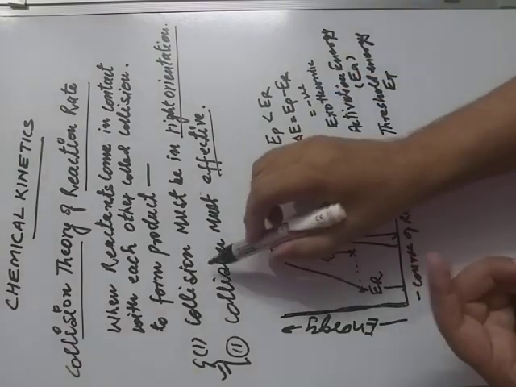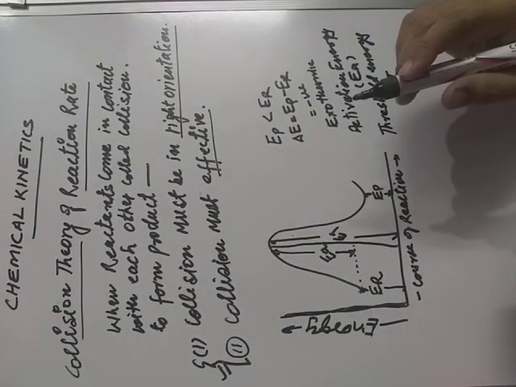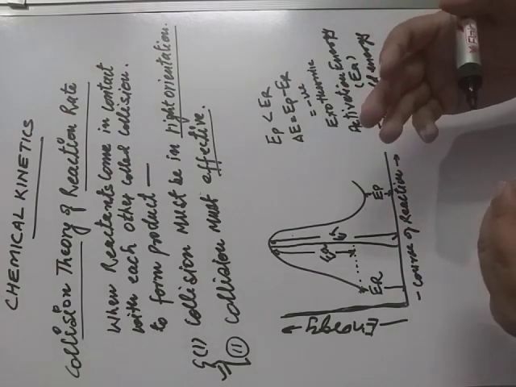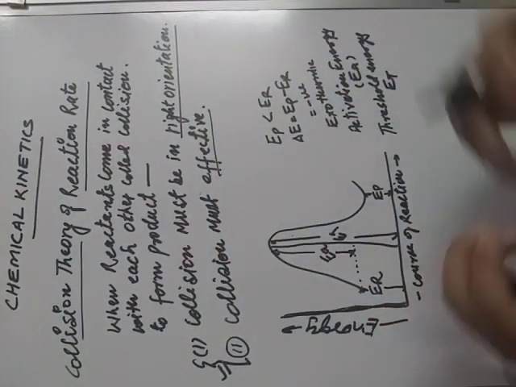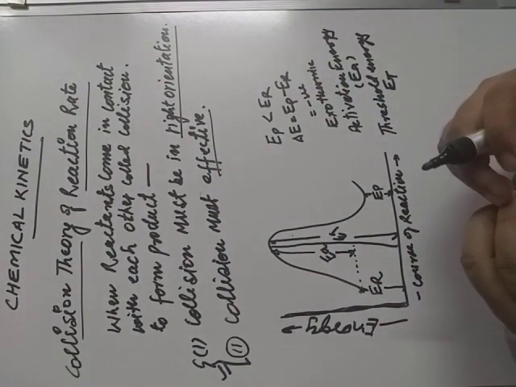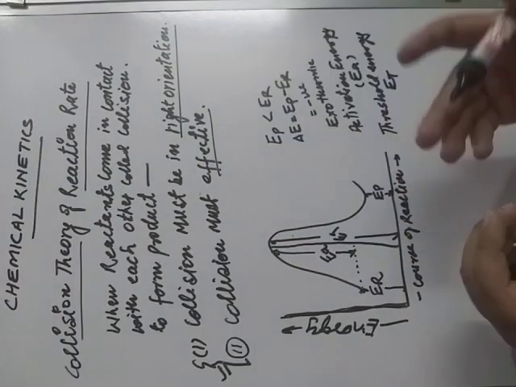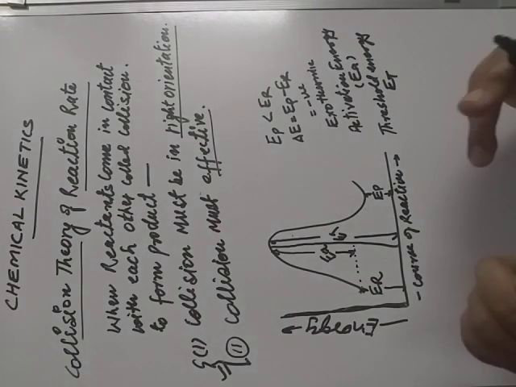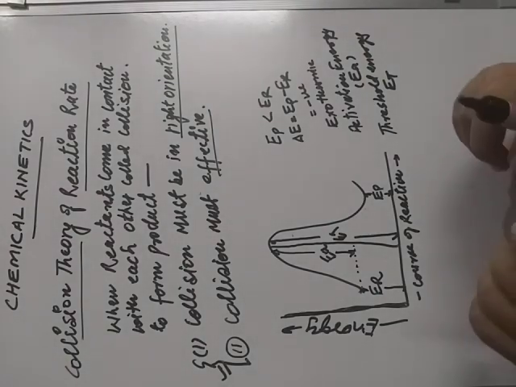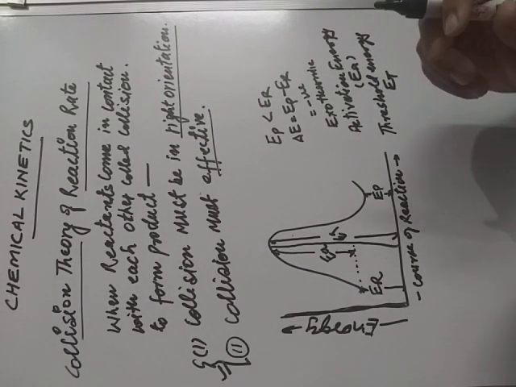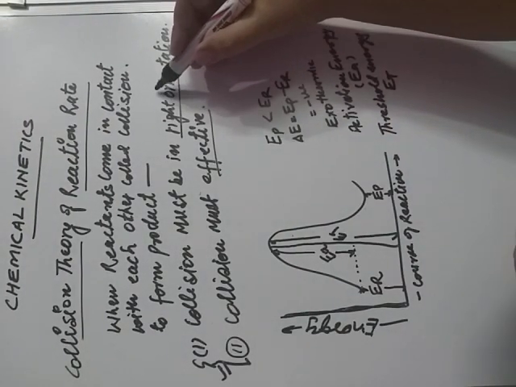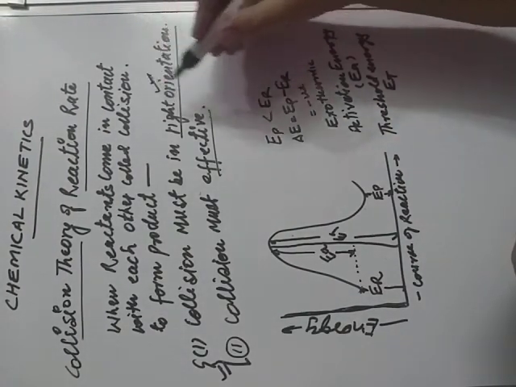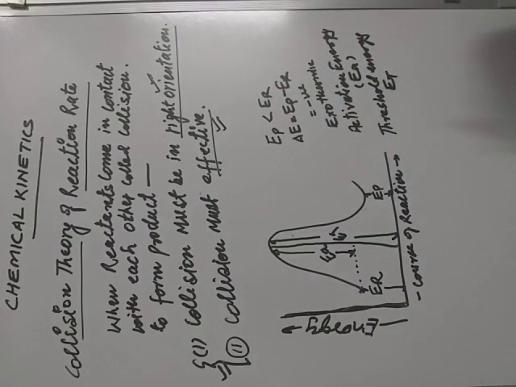It doesn't matter if they are colliding in the right orientation. And the opposite of that, if they are colliding in the wrong orientation, but they are achieving that much energy, that will also not give product. So only those collisions will give product which collide in the right orientation, and the collision must be effective.